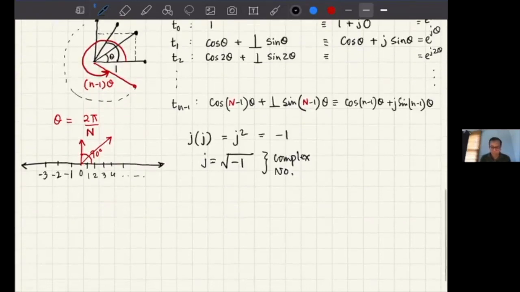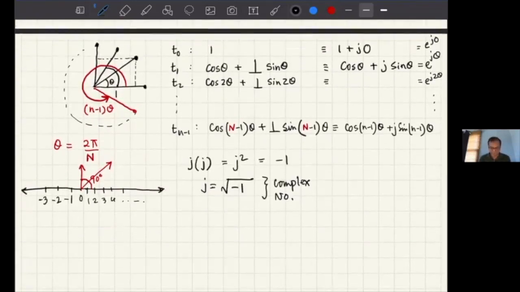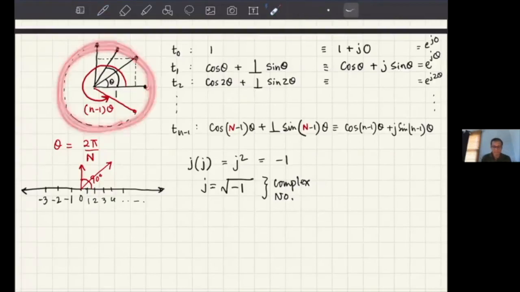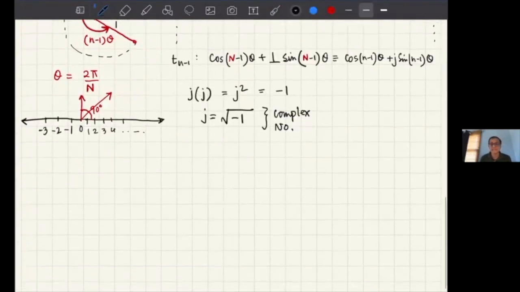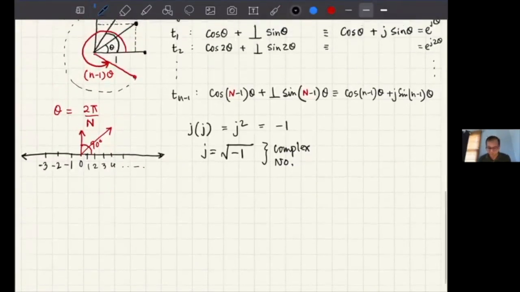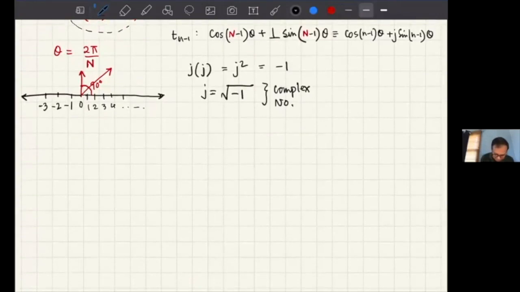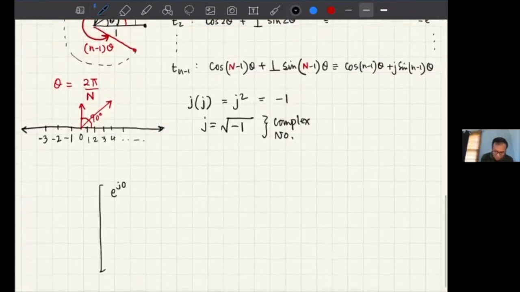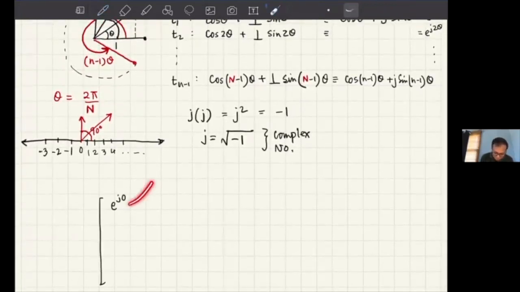In other words, what I have said is the spinning stick can essentially be expressed as a vector where the vector is nothing but e to the power j0, which corresponds to this location of the stick, then e to the power j theta, which corresponds to the next location, e to the power j2 theta, and so on till e to the power j (n minus 1) theta.